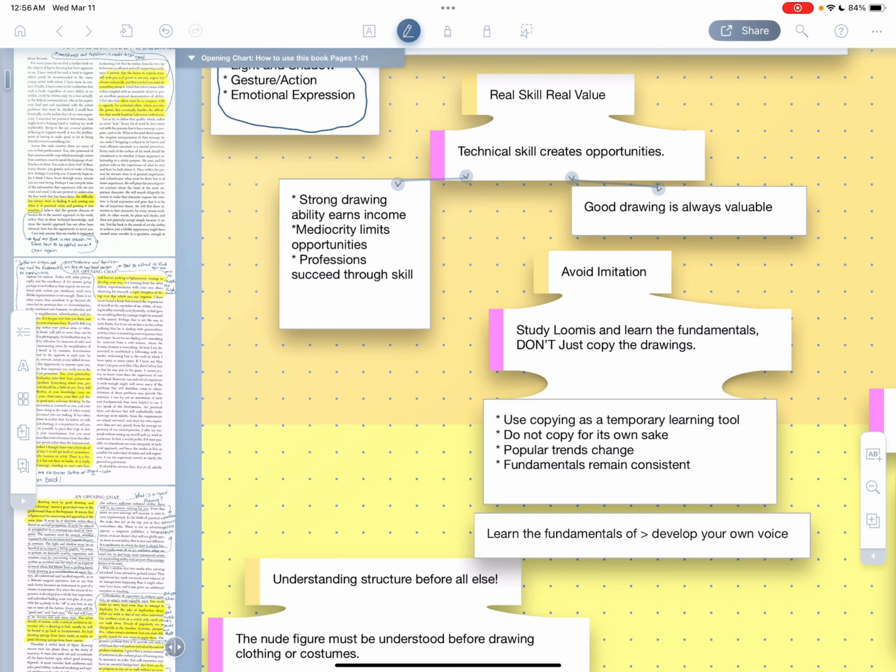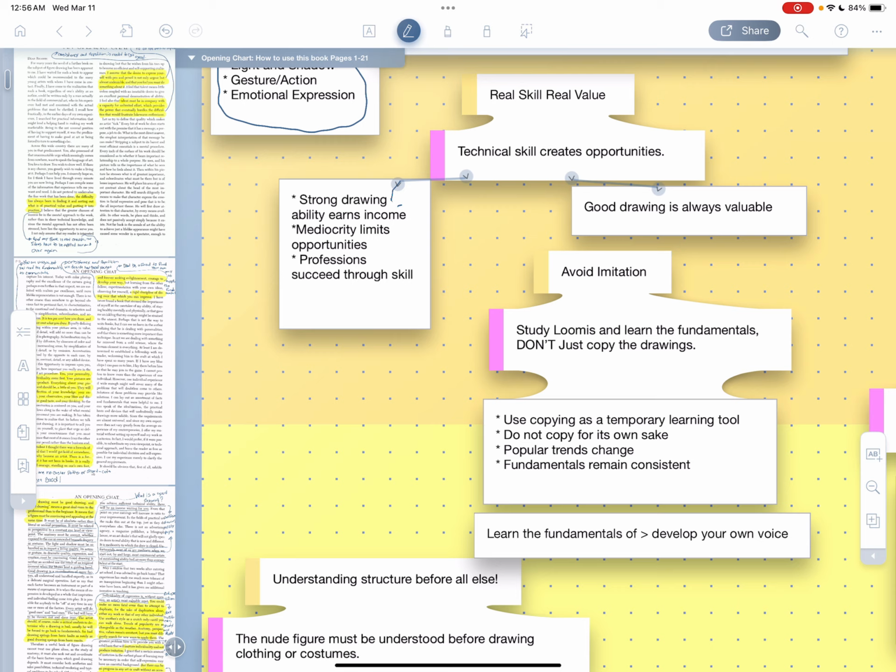If you have technical skills like Craig Mullen, Jeff Watts, Eric Giss, Peter Hahn, all these people, they will always be able to pay their bills with art, no matter how advanced AI gets, because they have technical skills and that equals opportunities. Strong drawing abilities earn income. Mediocrity is what limits your opportunity.